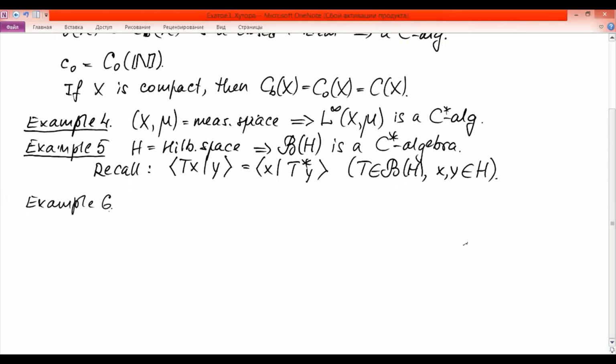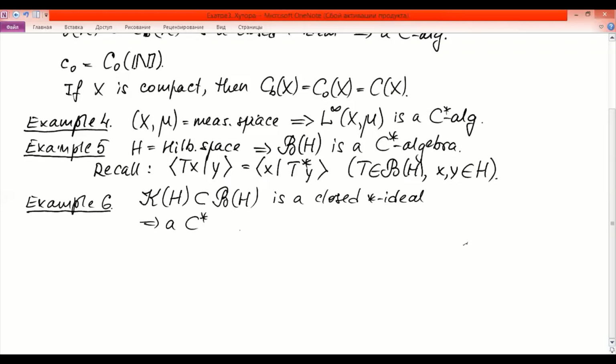And let's consider the space of all compact operators on H. Well, it's a standard fact that K of H, the set of compact operators, is a closed star ideal of B of H. So it is a C-star algebra. And of course, if H is infinite dimensional, then this algebra is not unital.